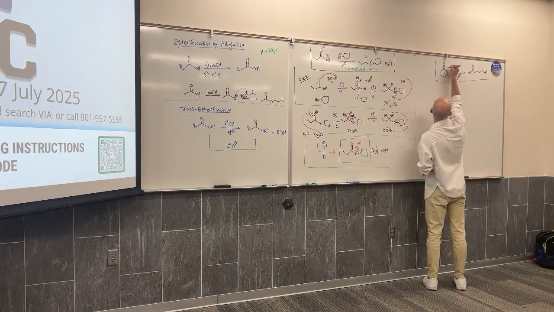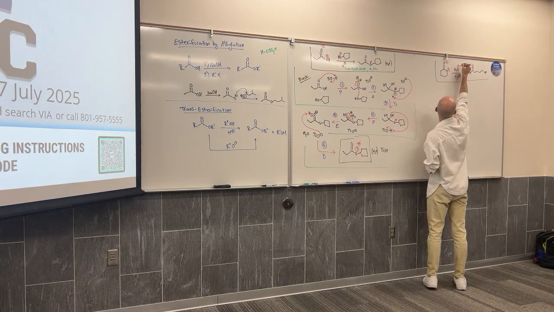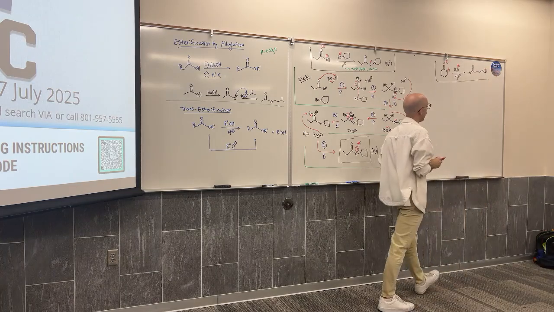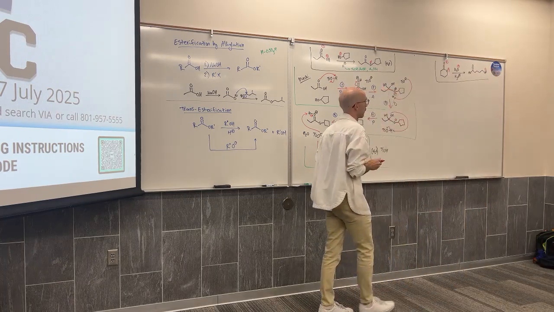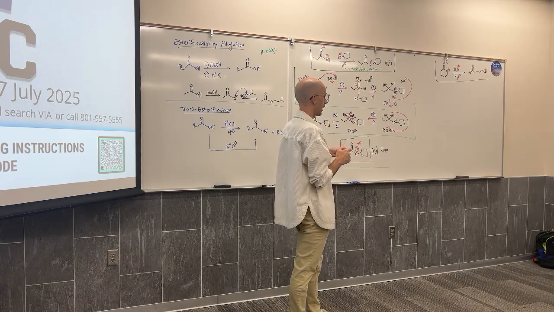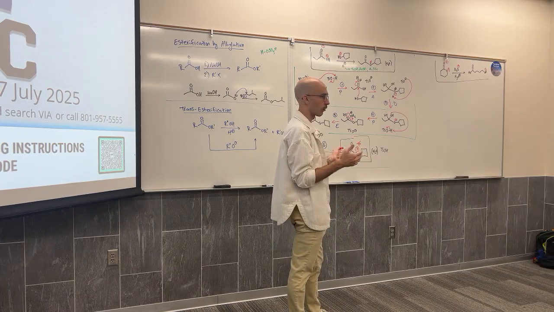If we call this 1, 2, and 3, we know that the alcohol will be oxygen 1. The alcohol oxygen is the ester oxygen. We can't necessarily say where 1 and 2 are.